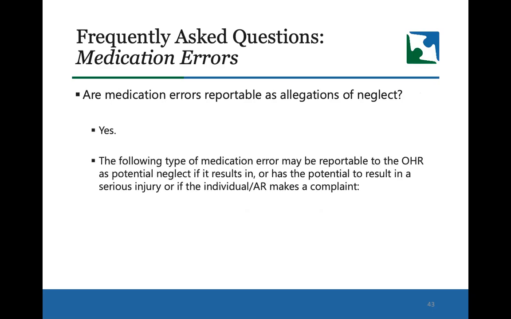The following types of errors may be reportable to the Office of Human Rights as potential neglect if it results or has the potential to result in a serious injury, or if the individual or AR makes a complaint. Again, these errors may be reportable as potential neglect if it results in or has the potential to result in a serious injury, or if the individual or AR makes a complaint.